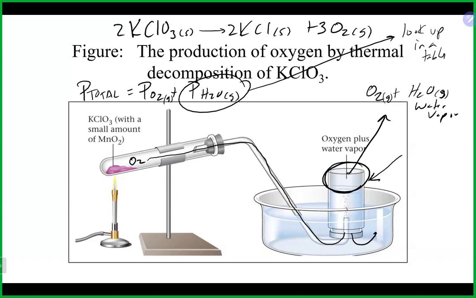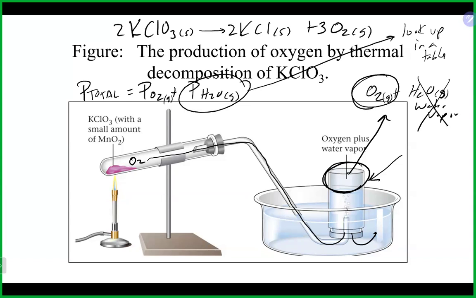We looked up on the board on that table to find the vapor pressure of water. The reason we want this is that we're not interested in the water at all. We're really only interested in the oxygen, because that's the gas we're trying to collect. The water vapor is really just a side product.